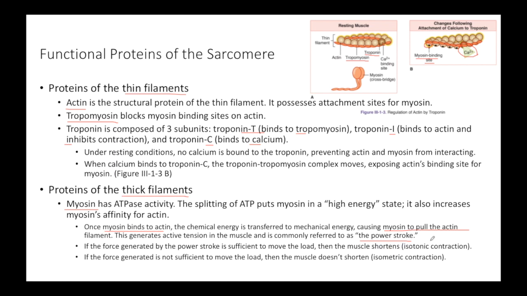So if there is enough force to move the load, and the muscle can shorten, that's referred to as isotonic contraction. But if there's not enough force able to shorten the actual muscle, then it's isometric contraction. So throwing that out there, some terms for you guys in case they come up.